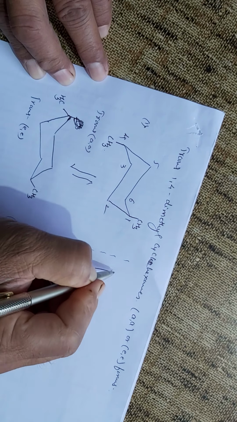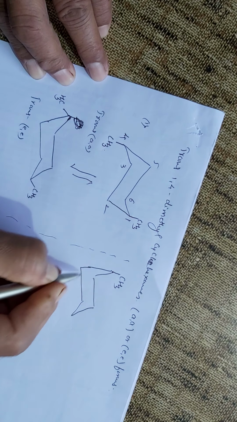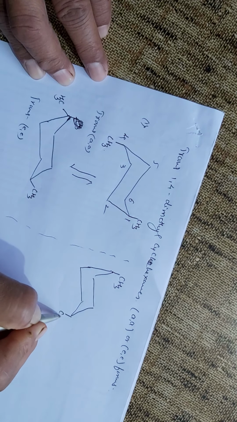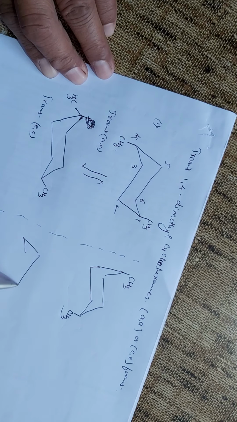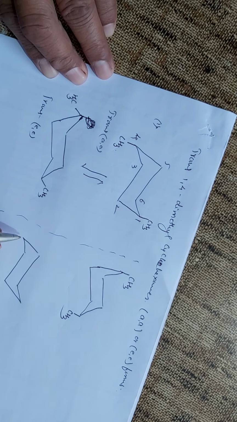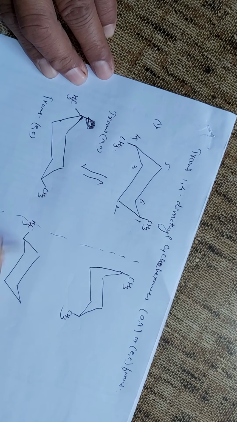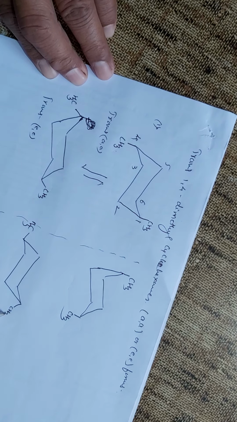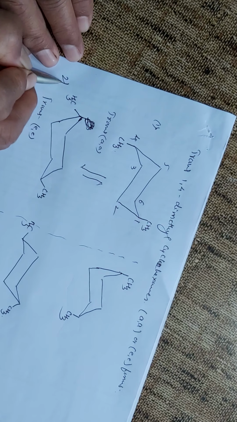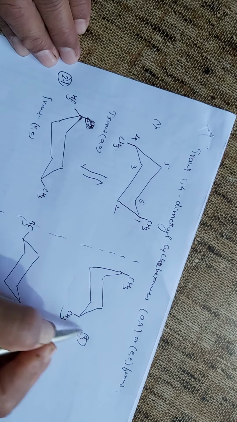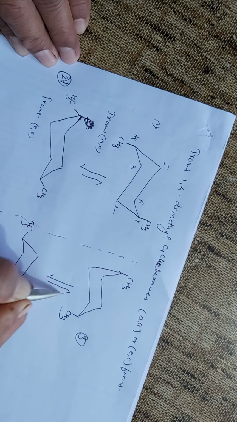Again, this is 1 and this is 4. Here it's the equatorial and this is again the equatorial, both directing in opposite directions. So when 1 flips to give 2, 3 will flip to give 4.